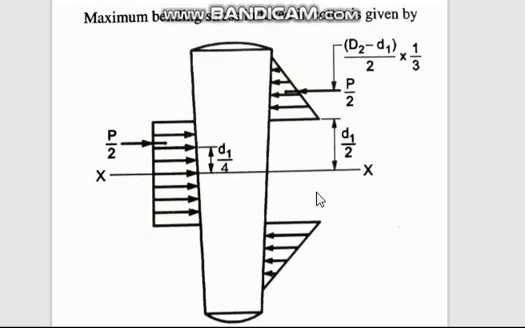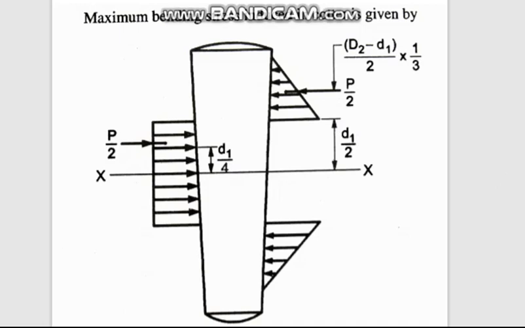So this distance shown here will be (D2 minus d1) by 2 into 1 by 3. Now what we should do is take the moments about the x-axis. One force is making it go in the clockwise direction, and the other is making it go in the counterclockwise direction. There are two forces. One force is acting at a distance of d1 by 4. Another force is acting at a distance of this plus this from the x-axis.